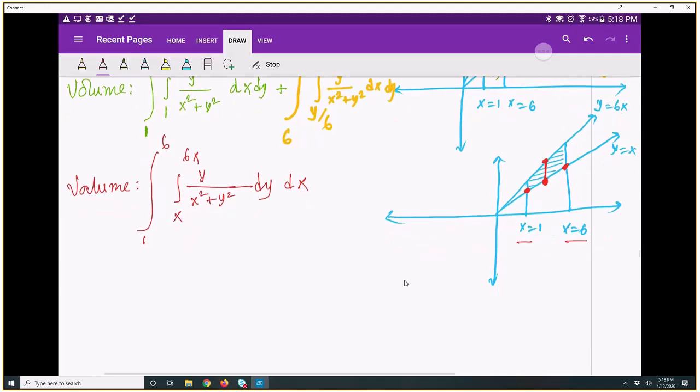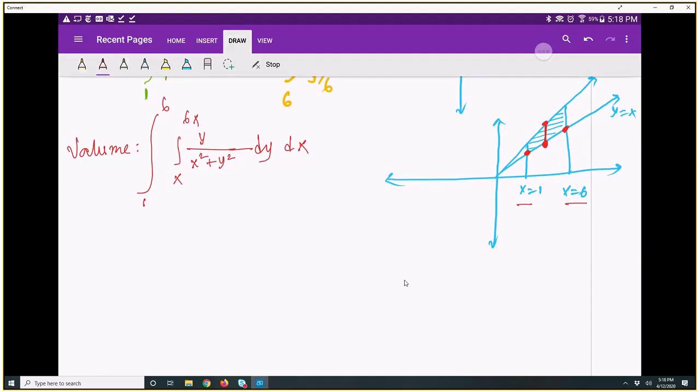So let's complete this integration and find the volume. Integrating with respect to y first, I will remind myself that x terms are constant. So I go ahead and substitute x squared plus y squared equal to z. That tells me, with respect to y, when I find the derivative, 2y dy is equal to dz. So y dy is equal to dz over 2. What else? I have to talk about the limits. I'm changing from y to z.